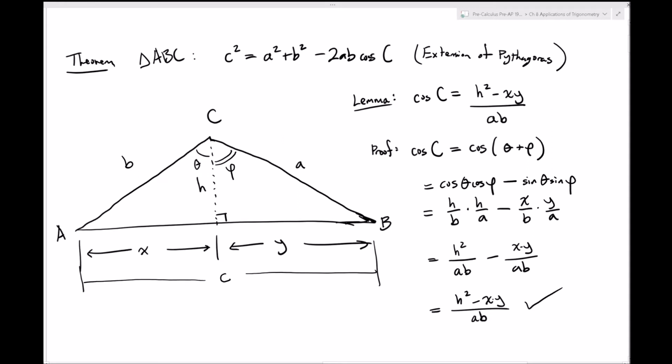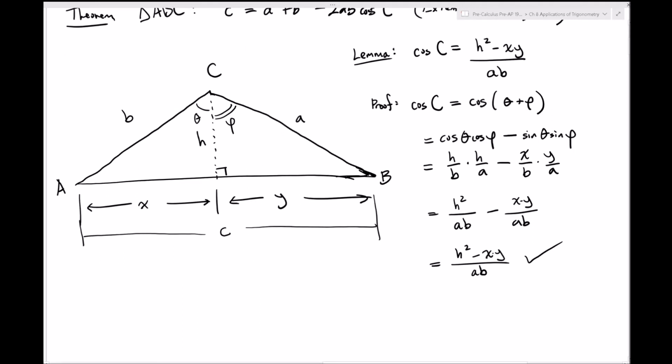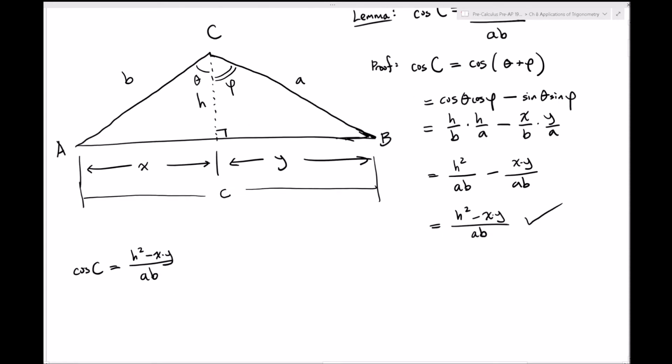So there's a couple of things I'm going to go ahead and do. If that's the case, first off, cosine c is equal to h squared minus xy over ab. I'm going to multiply both sides by ab, and there's another reason for it. I'm kind of cheating.